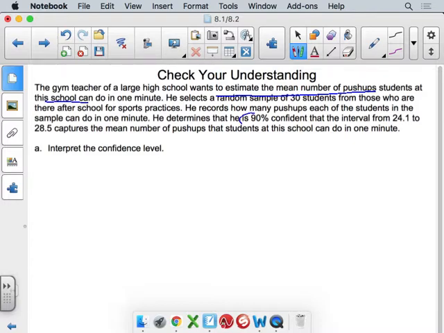He determines that he is 90% confident that the interval from 24.1 to 28.5 captures the mean number of push-ups a student can do in 1 minute. So what does this 90% mean?